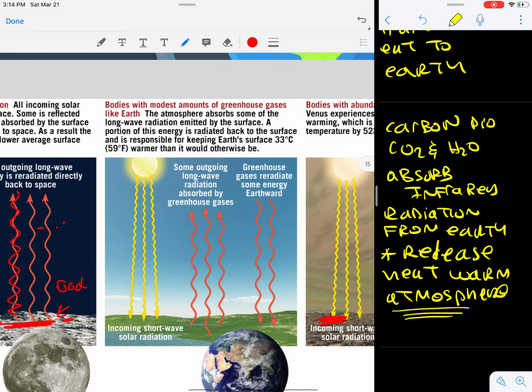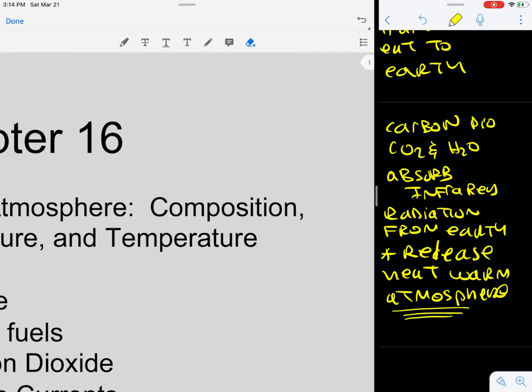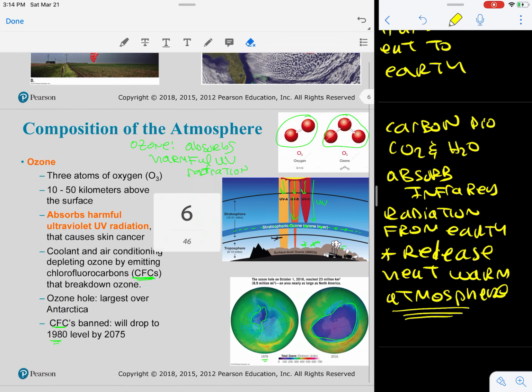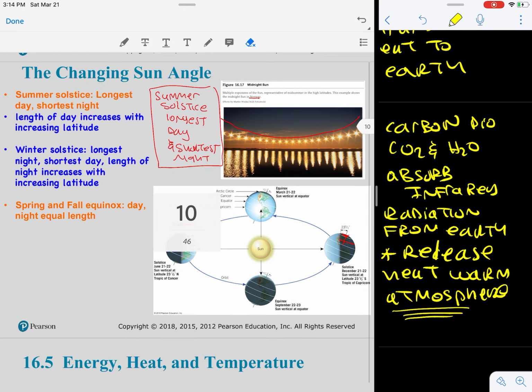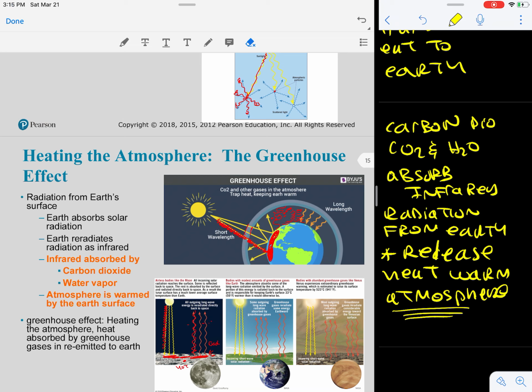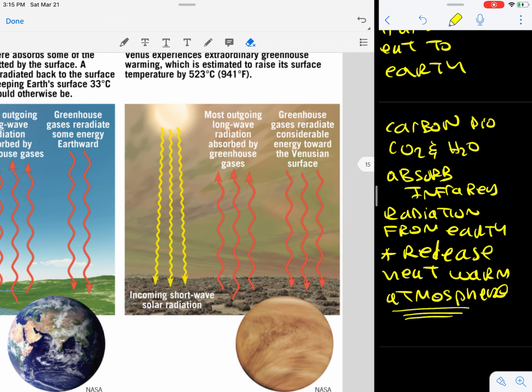And let's look at another extreme, which is going to be Venus. So Venus, same process happens. The yellow light from the sun comes in, and it's going to warm the surface of Venus.